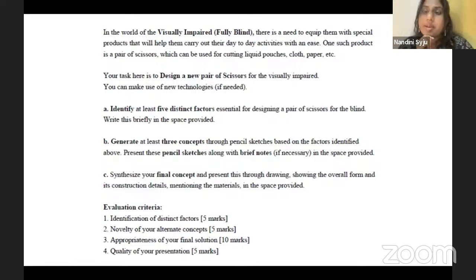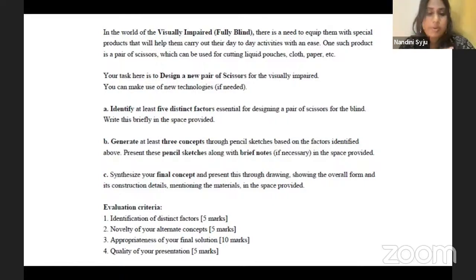There is a need to equip them with special products that will help them carry out their day to day activities with ease. One such product is a pair of scissors, which can be used for cutting liquid pouches, cloth, paper, etc. So, over here, the important thing is a pair of scissors that can be used for cutting liquid pouches, cloth, paper, etc. A range of products, a range of materials, right?